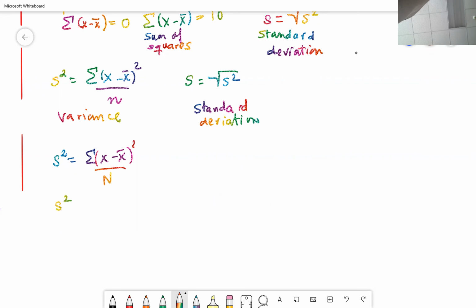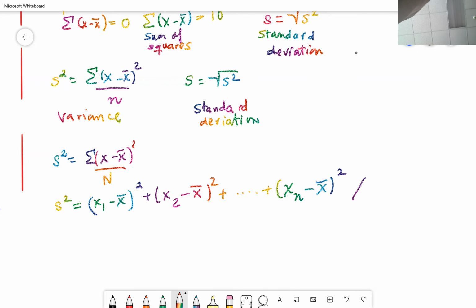If I were to write what it means: take the first number, subtract the mean, square it, plus the second number, subtract the mean, square it, and then add all the way up to the last number, the nth number. So if you had 100 numbers, you do this 100 times. And then you remember to divide by n, because then I'd have to write the square root. So let's just leave it as variance for now.